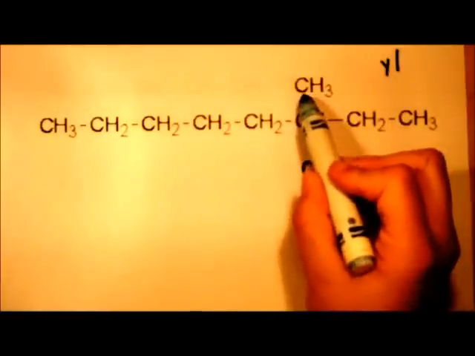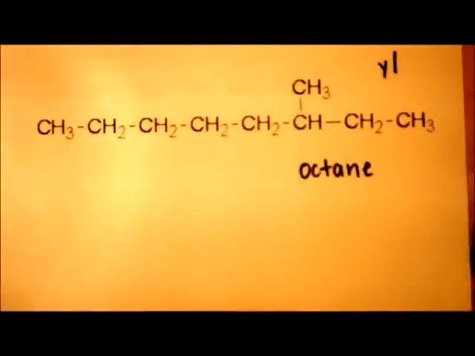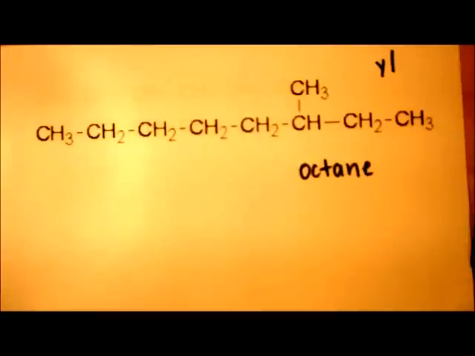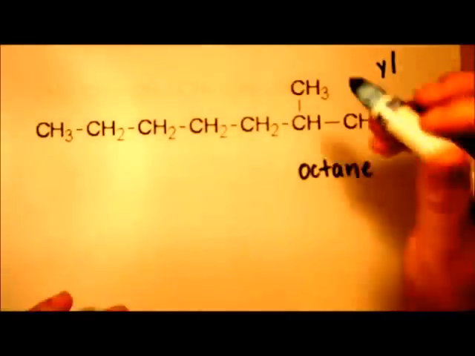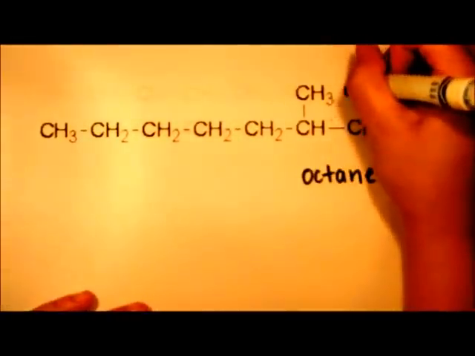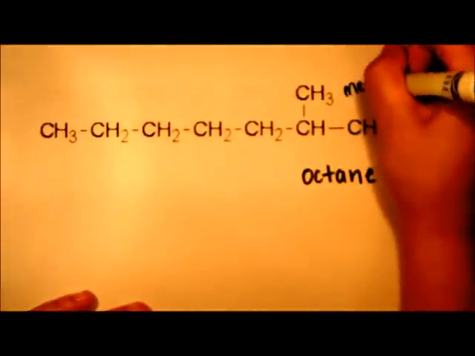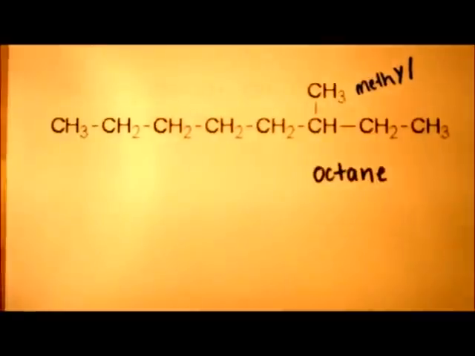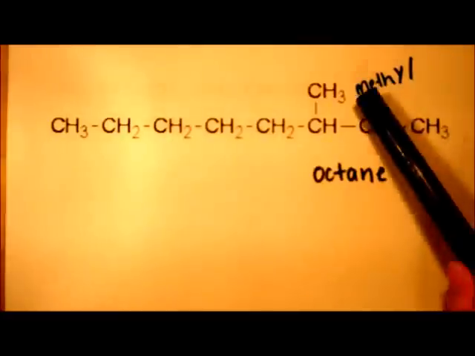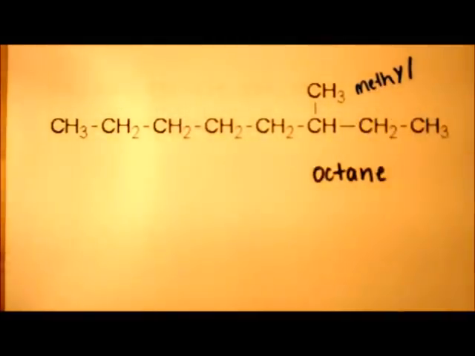And since there's only one carbon here, and we know that the prefix for 1 when dealing with organic chemistry is meth, we will call this methyl. Now, it isn't just enough to name it methyl.